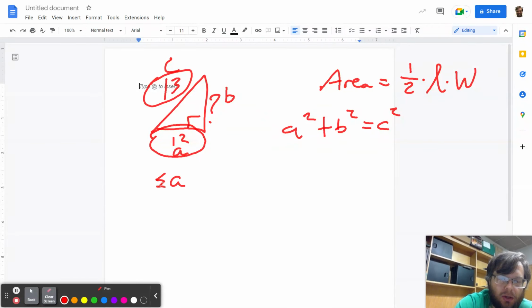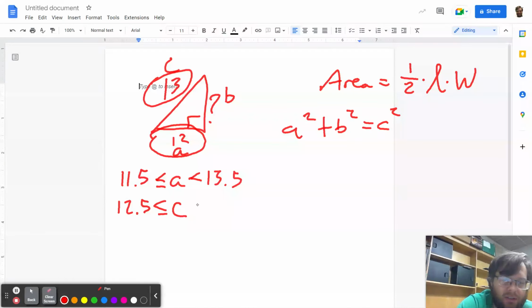A is the number 12, so that really could be in between 11.5 and 13.5. Same idea. The letter C could be in between 12.5. Sorry, I wrote the wrong thing down for A. A could be up to 12.5 because that's the upper bound of 12.